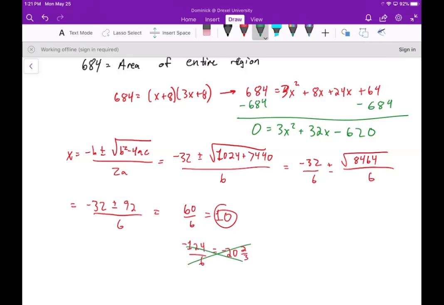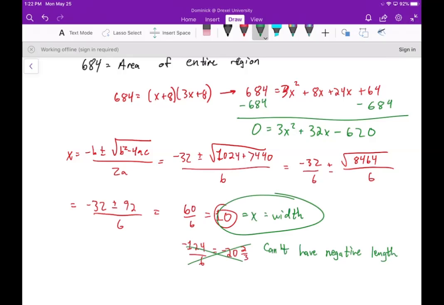But again, we can't have negative length. So it looks like we get that x, which was our width, is 10, and then 3x, which is our length, would be 3 times 10, which would be 30.